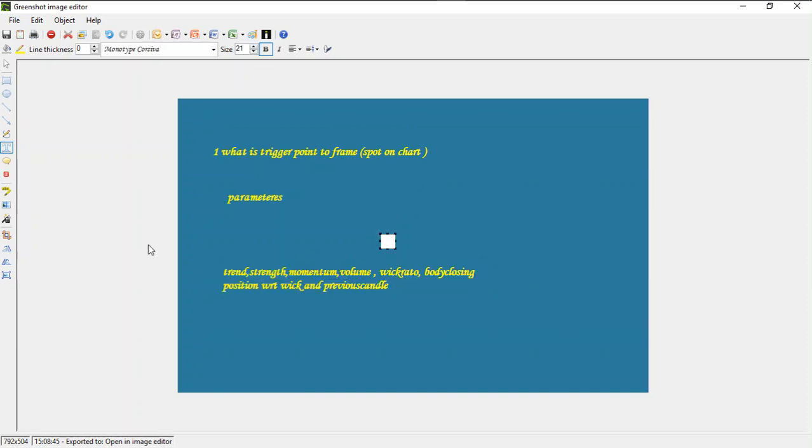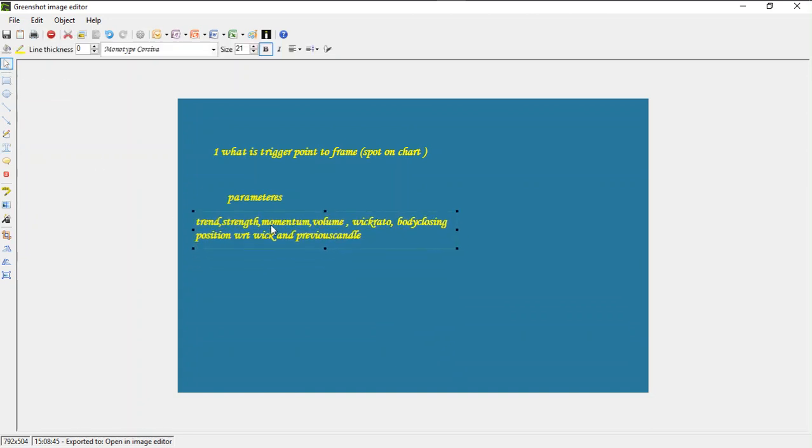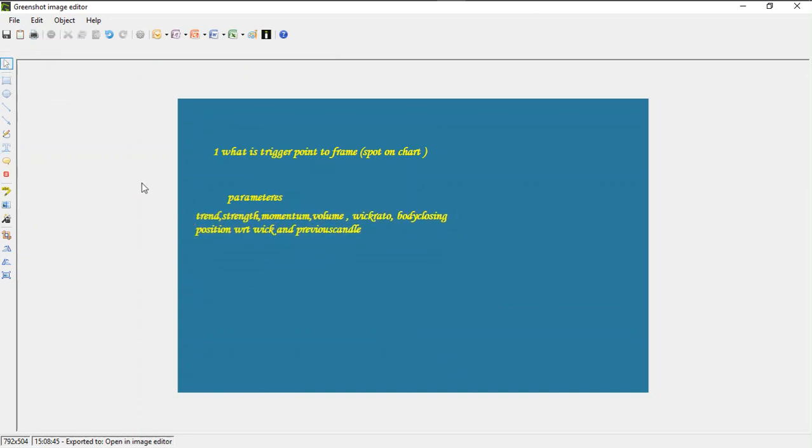So what we need to do here is first understand on which point we are checking. For example, let us discuss the trigger point to frame or to spot on a chart.